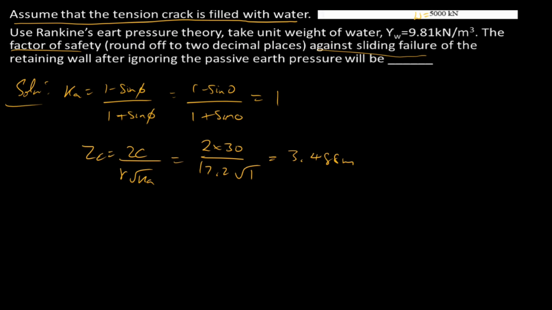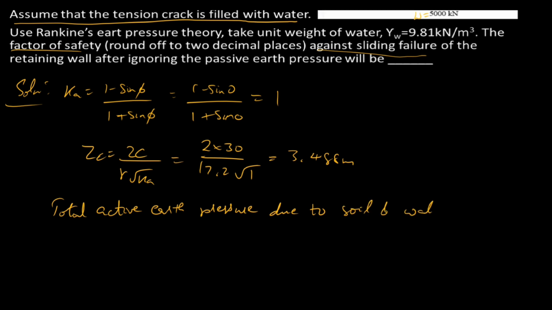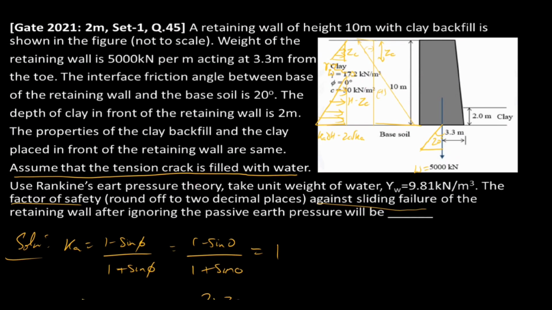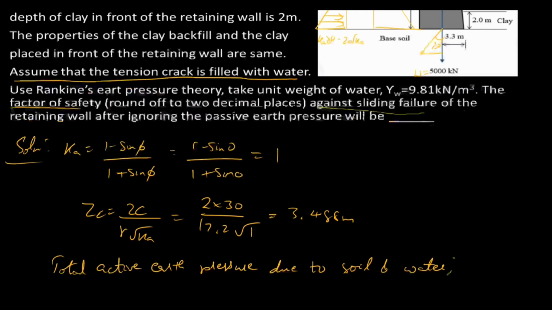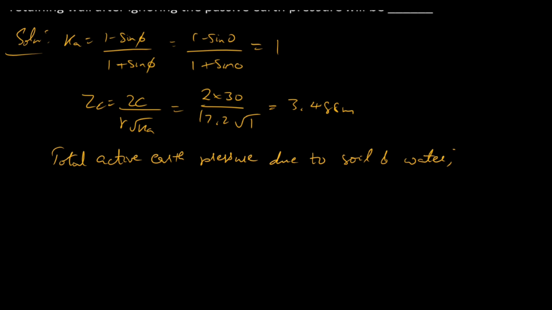Therefore, the total active earth pressure due to soil and water, because they have told us that in the top layer the tension crack is filled with water. So this zone is filled with water and below it is filled with clay.